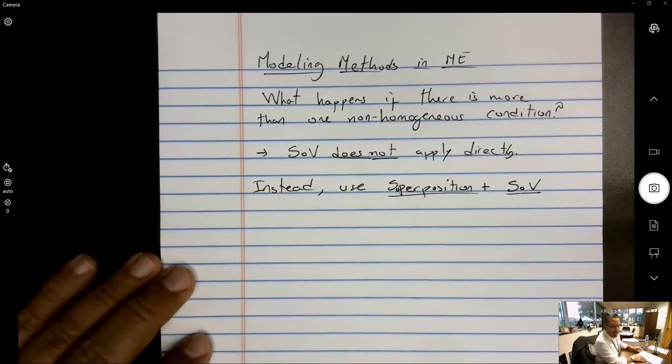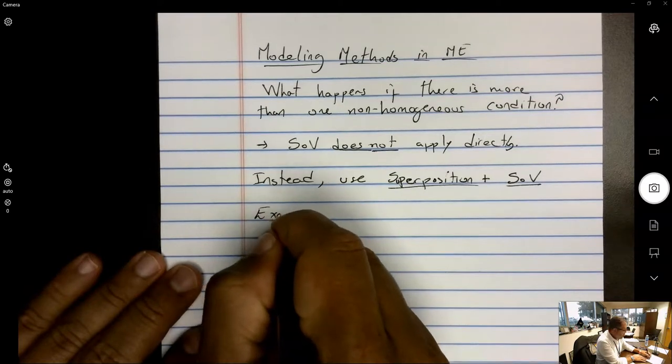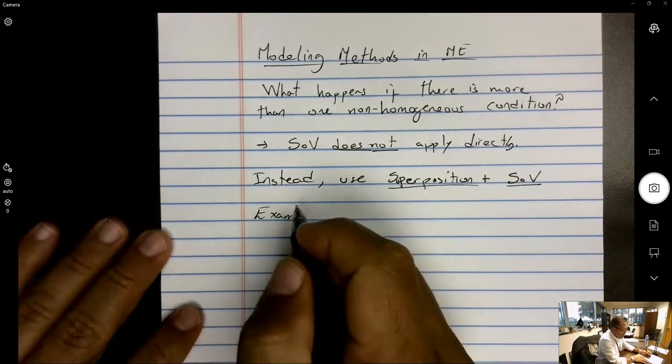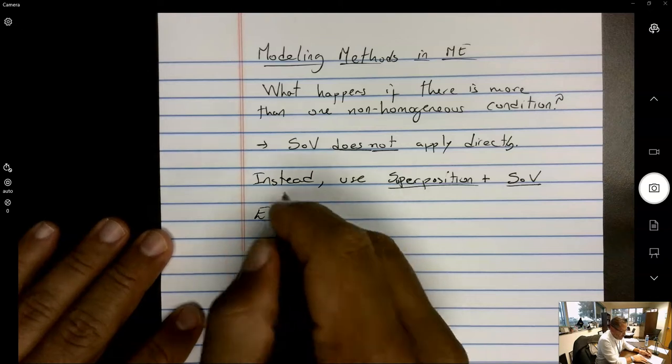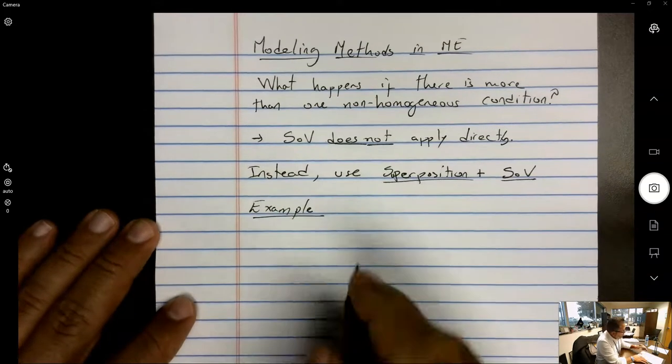I'm going to give you a simple example to show you how to address this in general, and this again can be generalized to problems of any dimensions and with as many non-homogeneous conditions as you impose.